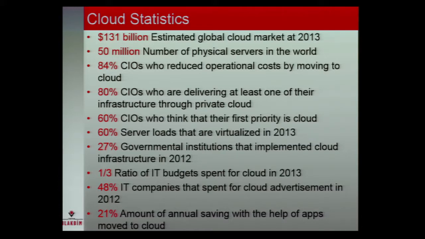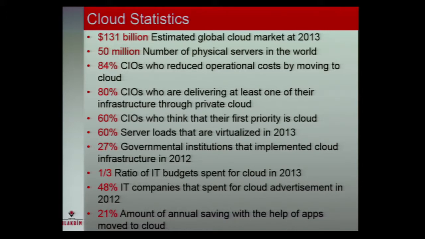The rate of CEOs who are delivering at least one of their infrastructure through private cloud is 80%. And CEOs who think their first priority is cloud is 60%. Server loads that are virtualized in 2013 is 60% as well.